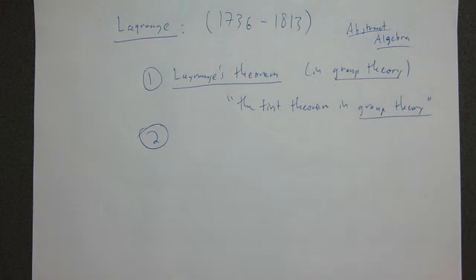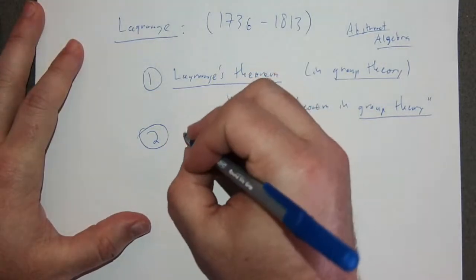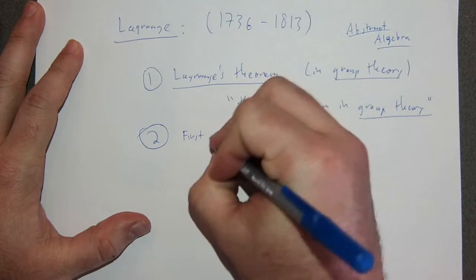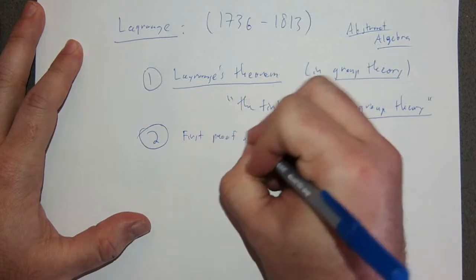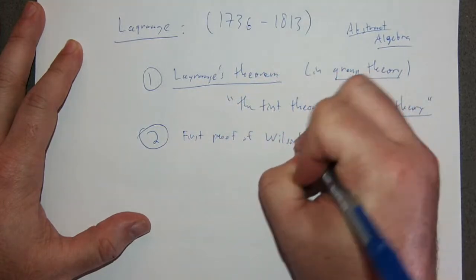What else did Lagrange do? So he came up with the first proof of what's called Wilson's theorem. So what is Wilson's theorem?